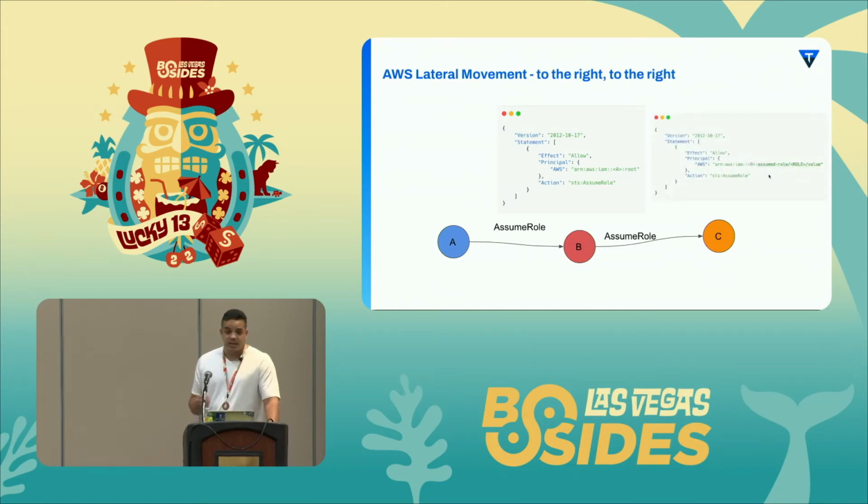The true policy that has to work is something like this. It has to be an assumed role from account B with a role.